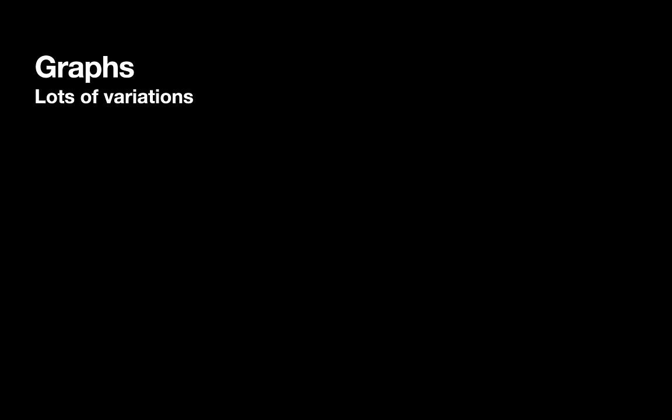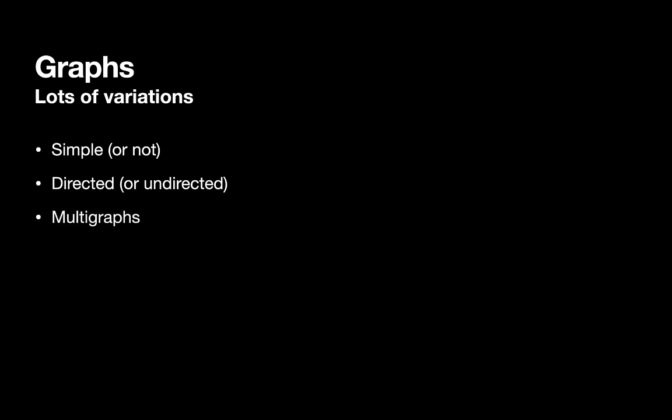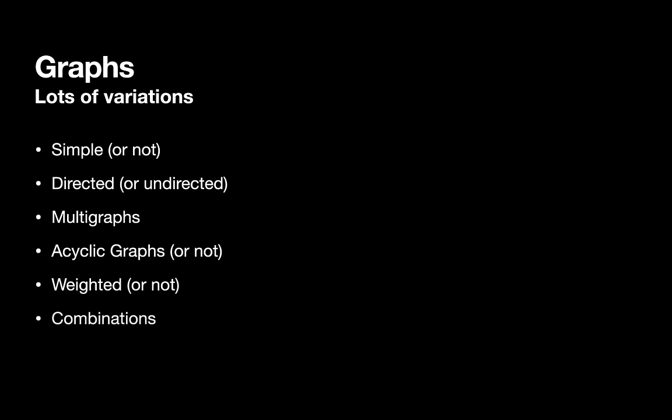Okay, there are lots of terms that go along with graphs and lots of different variations. I want to go through an example and all of the different terms and distinguish what the terms mean with respect to this example. So, a list of terms: one of the things we'll encounter is a graph that's referred to as a simple graph versus a graph that's not simple. We'll also see directed versus undirected graphs, multigraphs, acyclic graphs, or a graph that isn't acyclic, that has cycles, weighted graphs, or graphs that don't have weights, and we can have combinations of these.